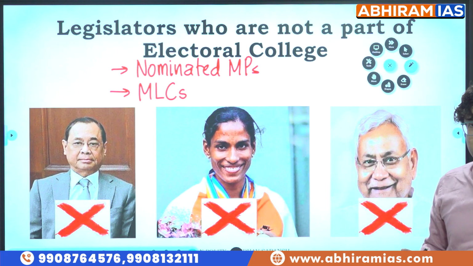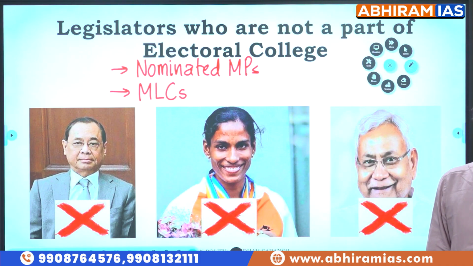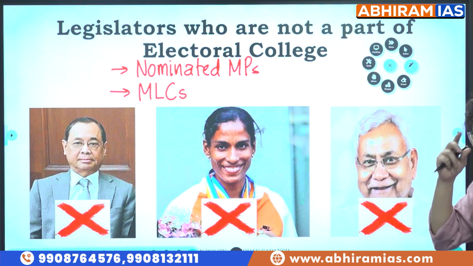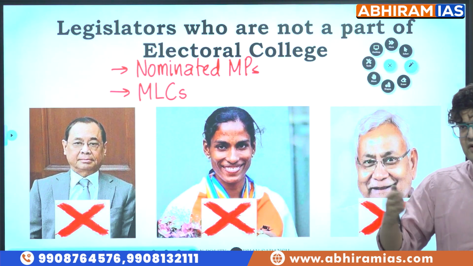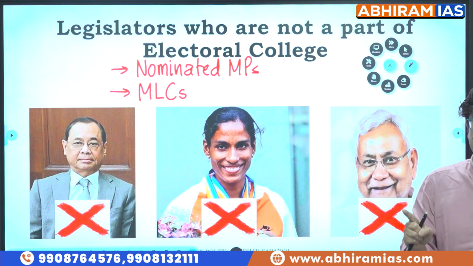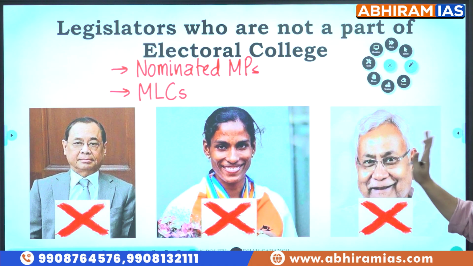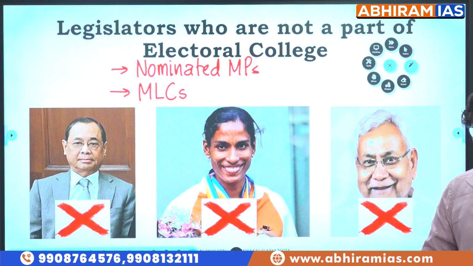Whichever party comes to power, he joins hands with that party and becomes CM. He has changed his party in the last 10 years 4 or 5 times, sometimes BJP, sometimes RJD. He keeps on changing sides, subject to one condition: CM. And he is not even directly elected. He comes from the council, not as an MLA.